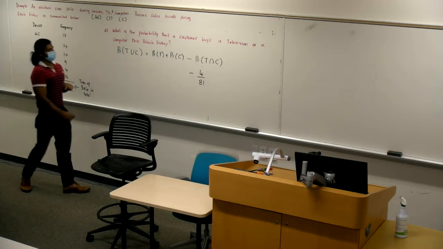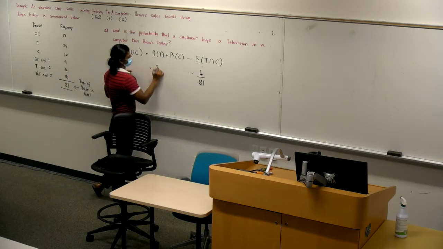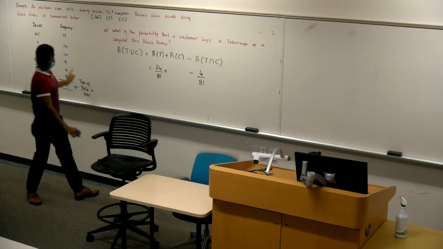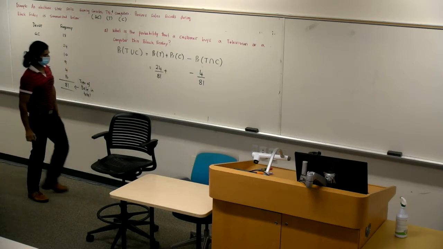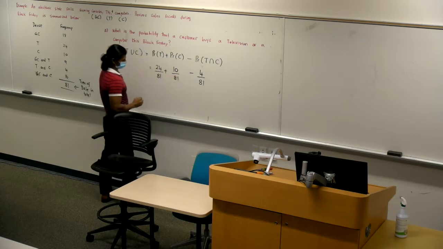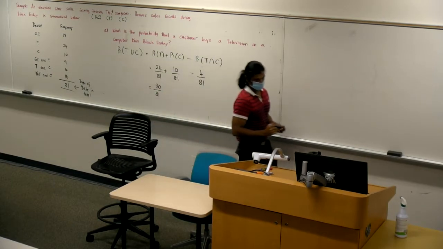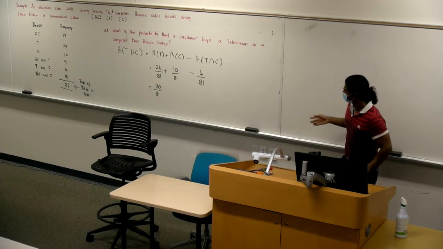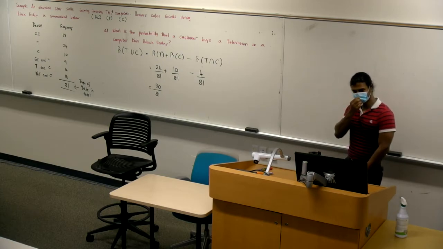Probability of T is 24 over 81. And probability of C is 10 over 81. Which gives us 30 over 81. Good.